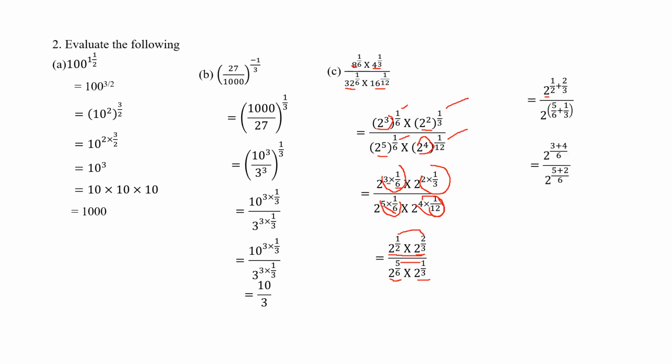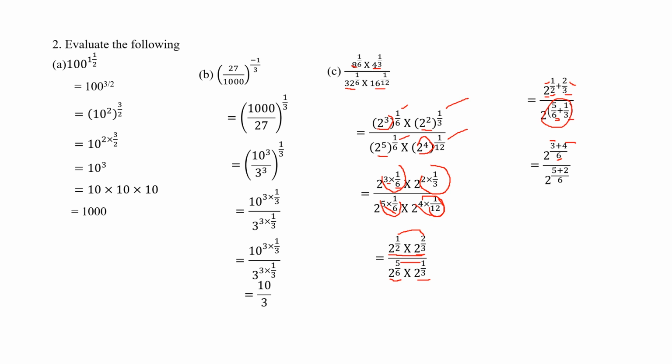Now when you add in the numerator, or when you try to simplify, the LCM of 2 and 3 is the 6, the one you see here. Then when you multiply times 6 here, and then also 6 there, we shall be having a 3 plus a 4. Then when we go to the power of the denominator, we have the LCM as 6.